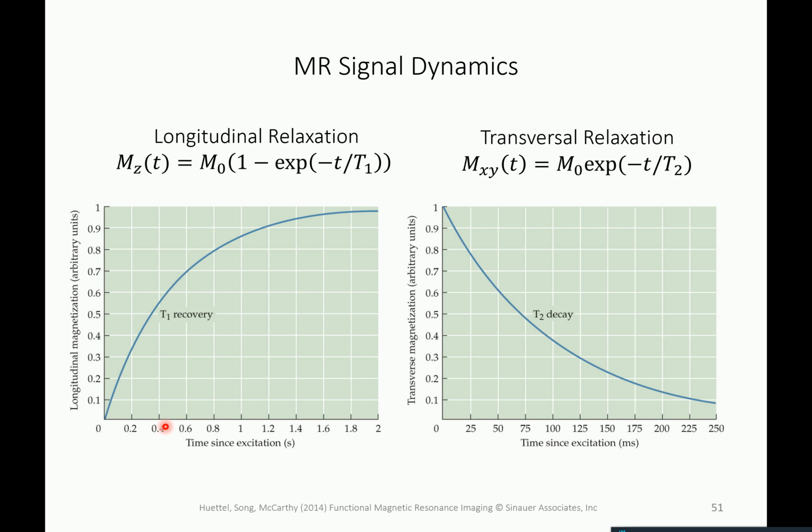If you only wait for half a second, let's say, and then tip the net magnetization into the transverse plane again, you would not start out at 1, but at 0.65, somewhere around here.